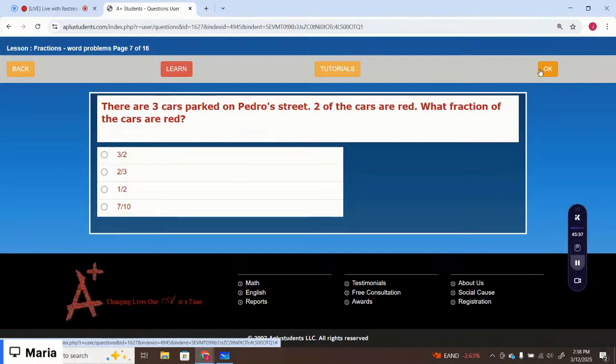That is 2 out of 3. Option number two is the correct option.